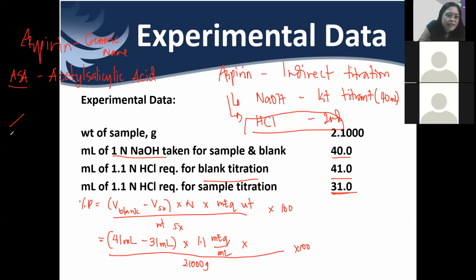Structure of aspirin. Let me check. Let me start with the salicylic acid. Salicylic acid is this one. And then, oh yeah, here is the acetyl. Wait a moment, I'm thinking. CH3 acetyl, two.